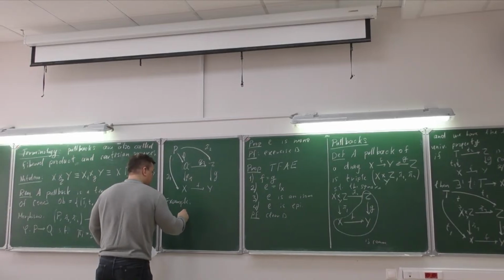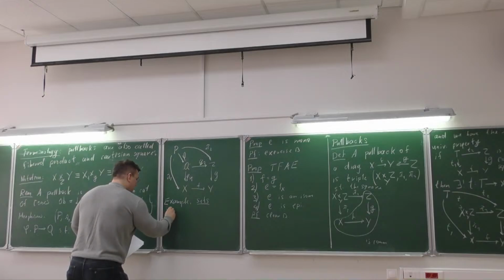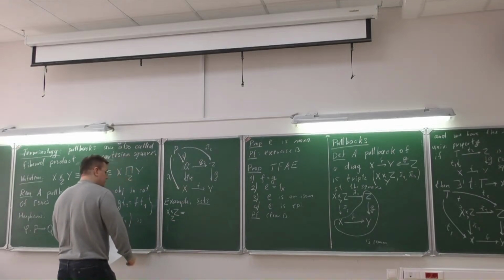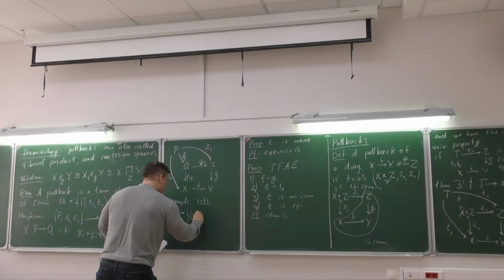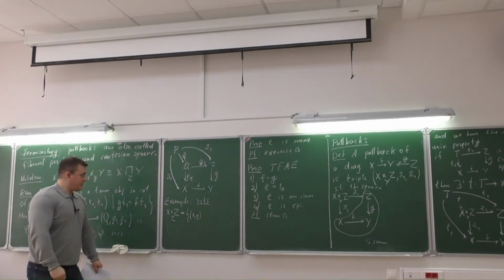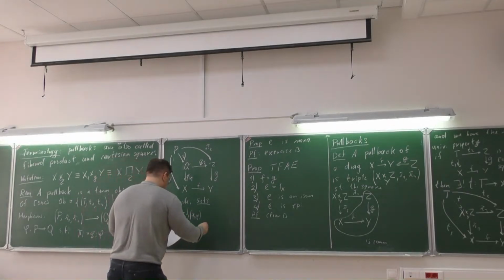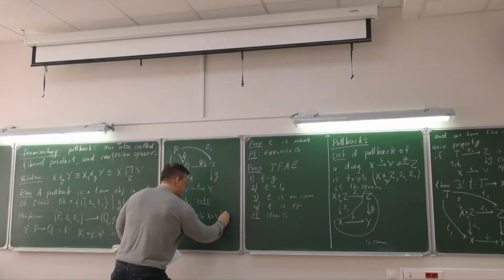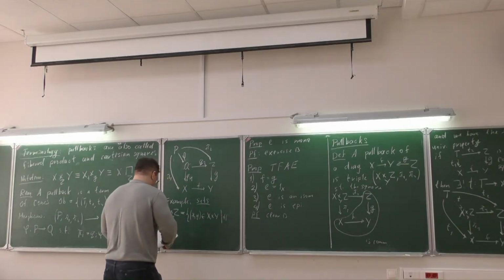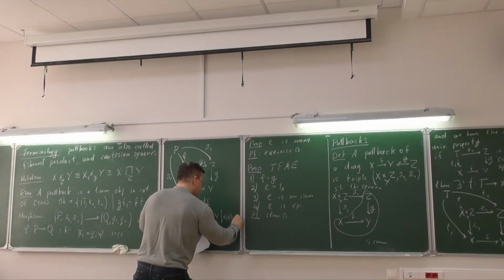So example: let's take the category of sets, and then the fibered product or pullback is just all the pairs, all the elements x and y, such that f of x is the same as g of y.